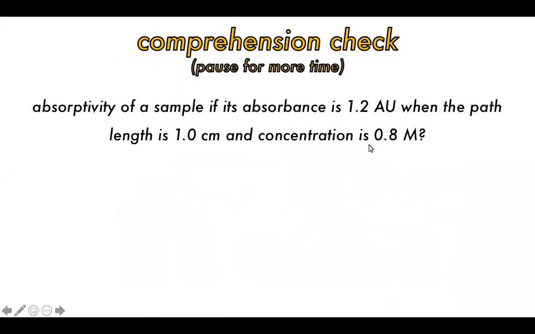So let's check comprehension. I encourage you to try and do this yourself. Pause for a few seconds if you need to. We're going to be using the Beer-Lambert law here. We're just doing an absorption measurement. So just go back and look at the previous slides if you need to get the equation. A is epsilon bc.